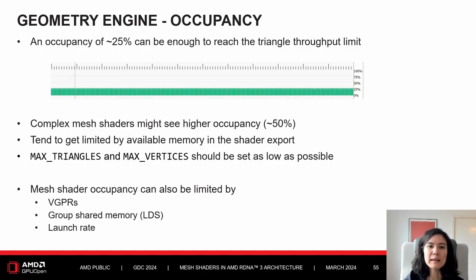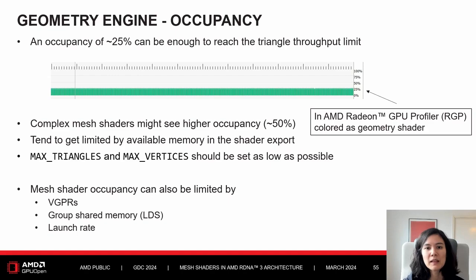The occupancy can be seen in RGP under the wavefront occupancy tab. The mesh shader will appear as a Trumpty shader and will also be colored as such. The details can be found under the Trumpty shader tab, but also under the vertex shader tab, so the details will just be duplicated. Of course, trying to increase the occupancy might only help if you're not limited by triangle throughput.